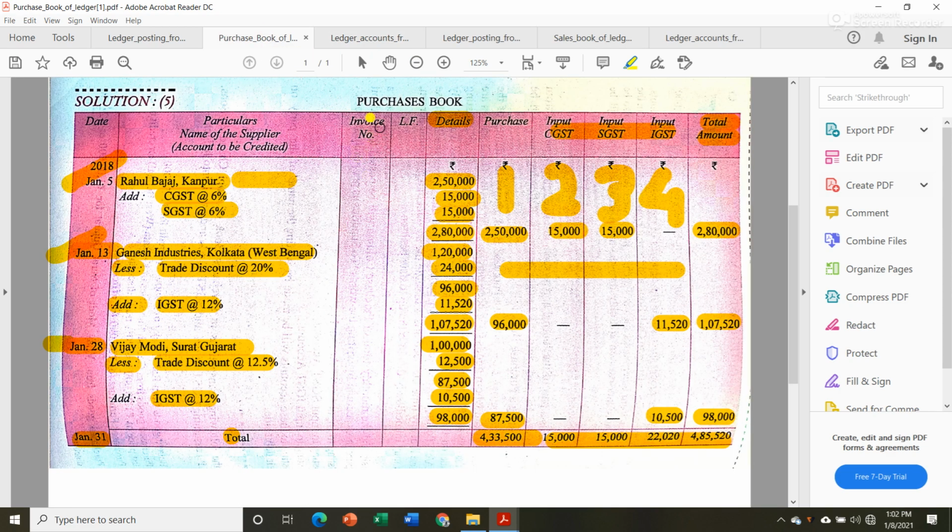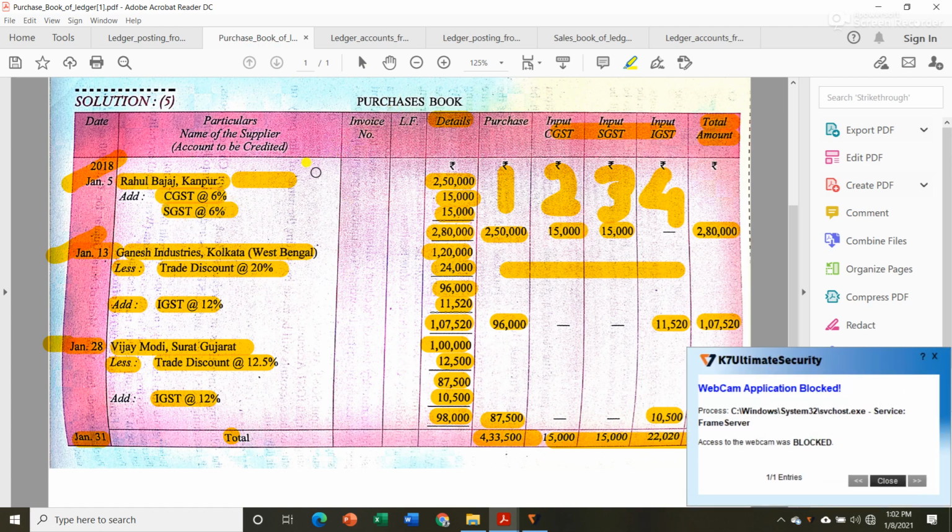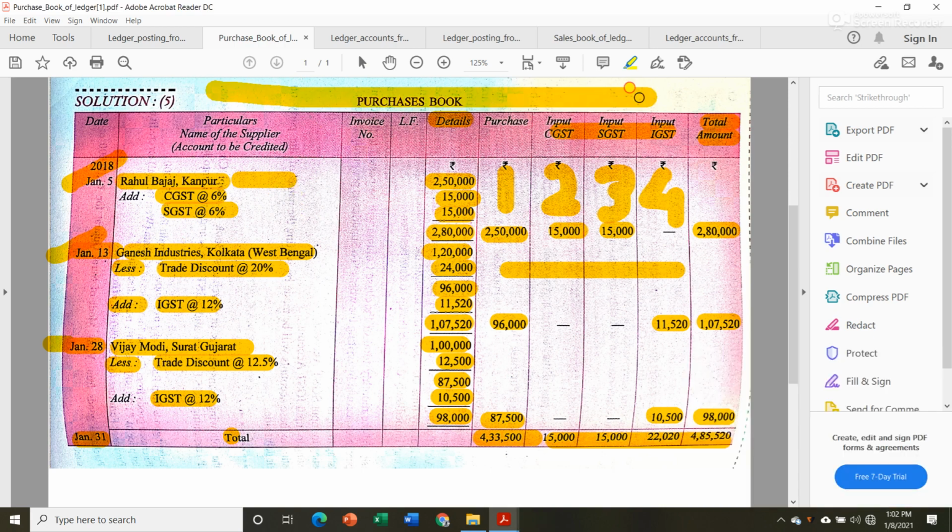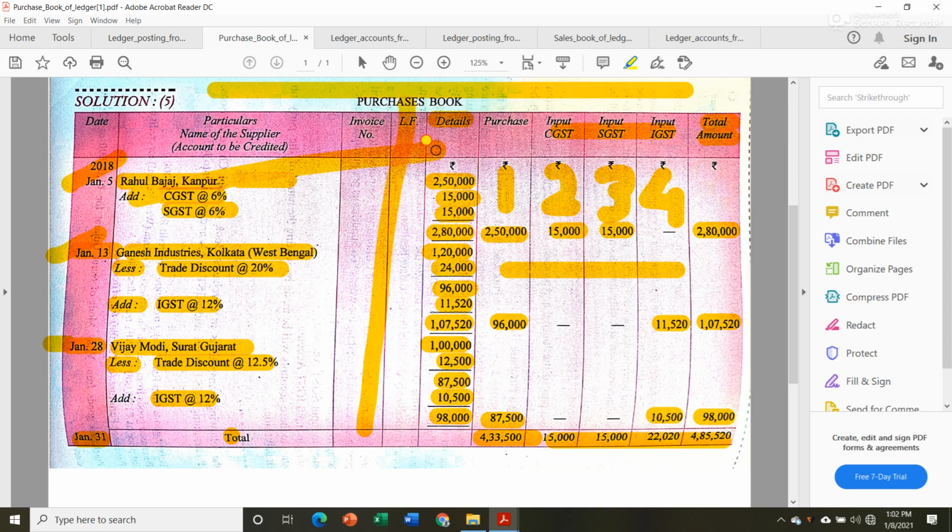Now let us put the values. How are we supposed to put the values and on which side are we supposed to put the amount? Now see, Rahul Bajaj, then Ganesh Industries and Vijay Modi are appearing on the debit side of our purchase book. Now imagine this purchase book is divided into two parts. Imagine this side is the debit side and this side is the credit side.